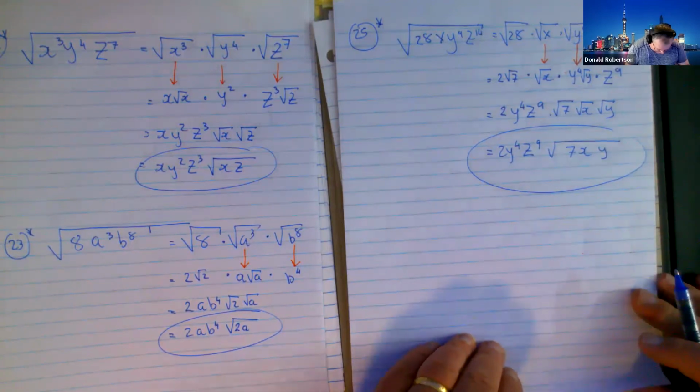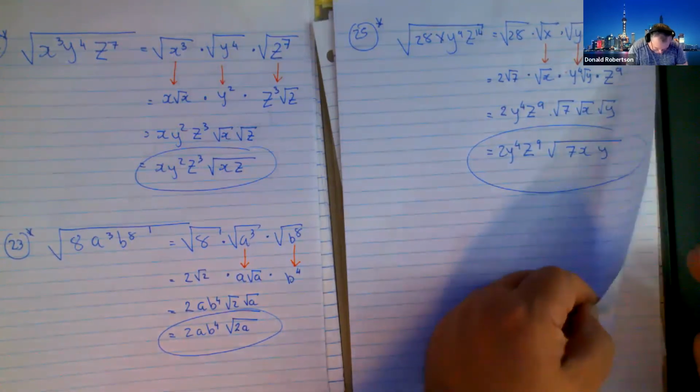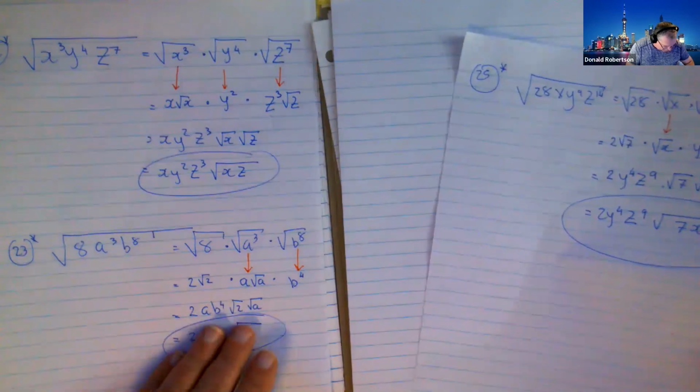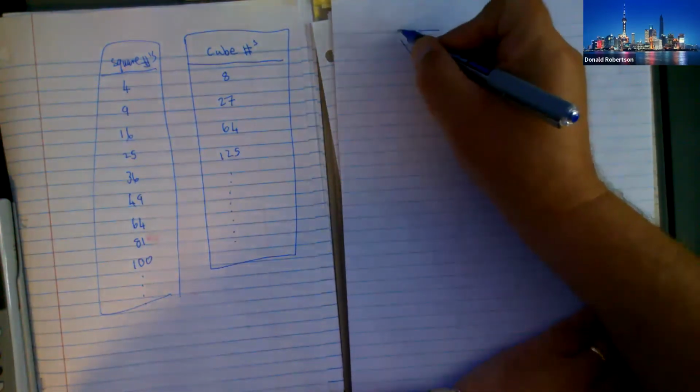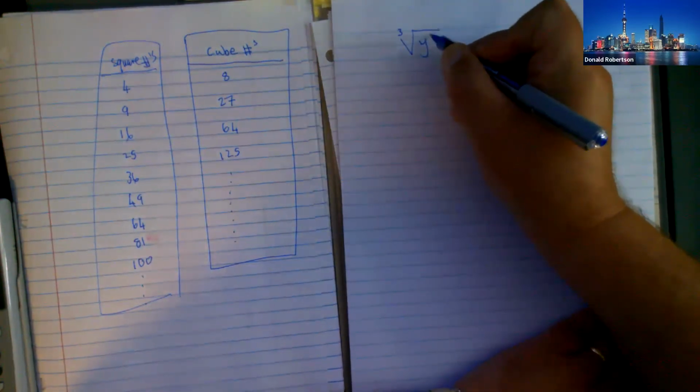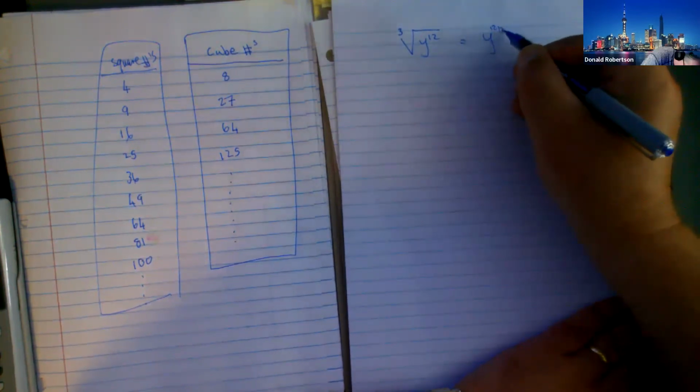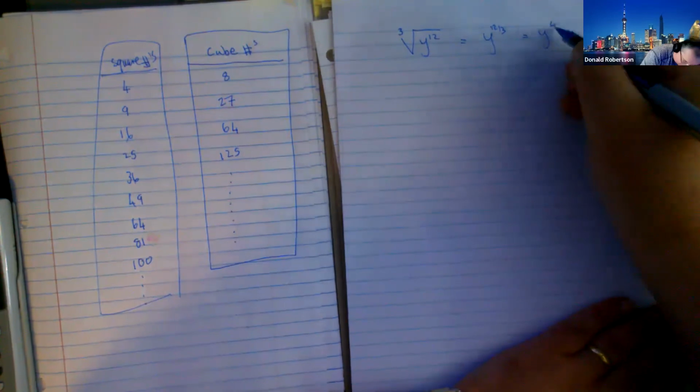Now, in the same way that we simplified square roots, we're now going to simplify cube roots. Well, if I find the cube root of y to the 12, basically you just divide it by 3 and you get y to the 4.